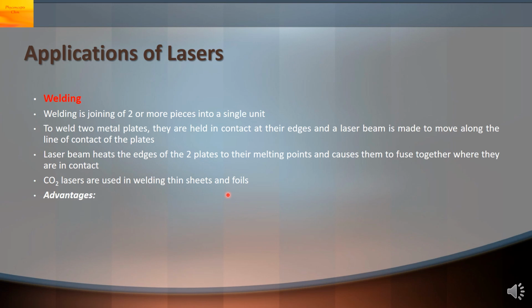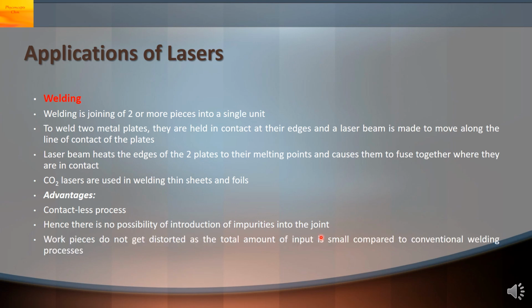Advantages compared to the conventional methods: it is a contactless process. Hence, there is no possibility of introduction of impurities into the joint. The materials do not get distorted, as the total amount of heat input is very small compared to the conventional welding processes.